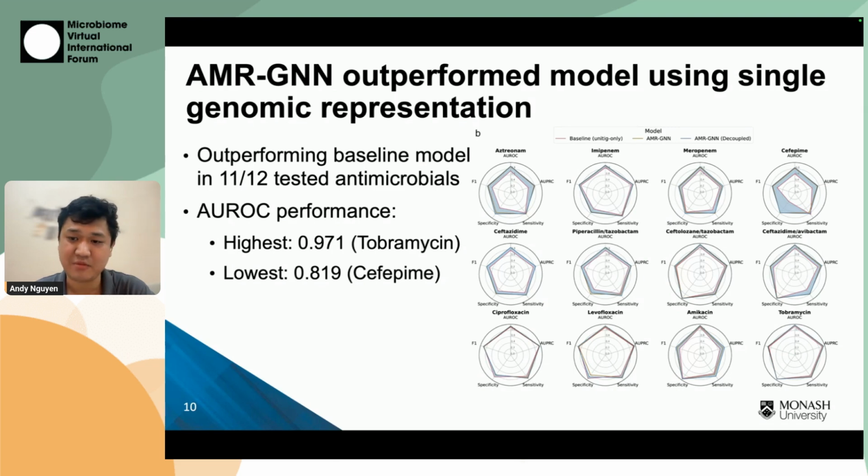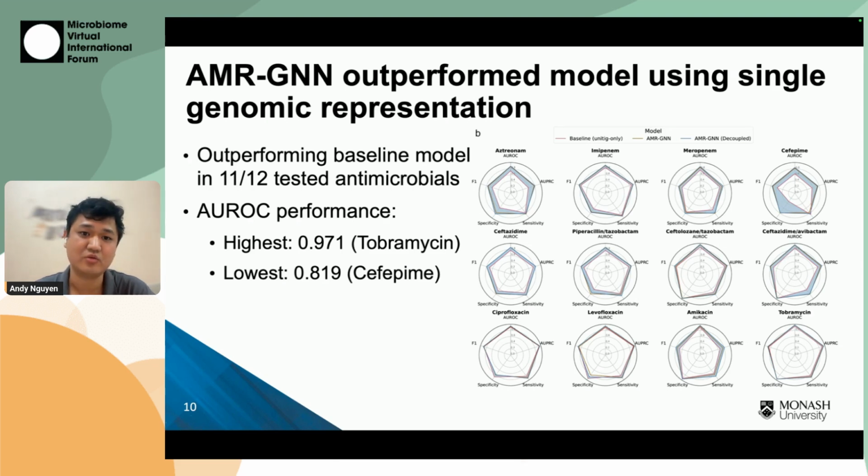So the AUC performance is actually pretty good. The lowest one is cefsulodin, at 0.81, and the highest one is tobramycin, where we achieve an AUC of 0.97.